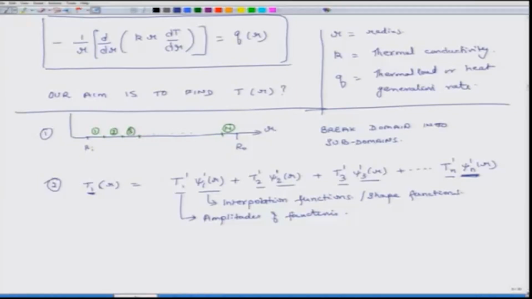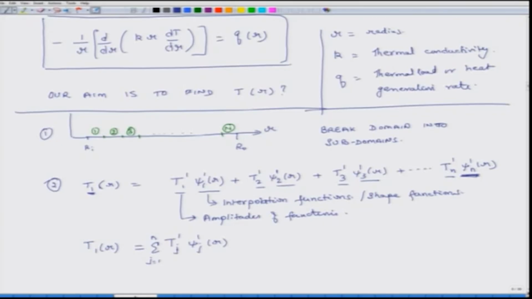So, I can compress this as T1(r) is nothing but the summation of Tj1 psi j1(r), with j equal to 1 to small n.